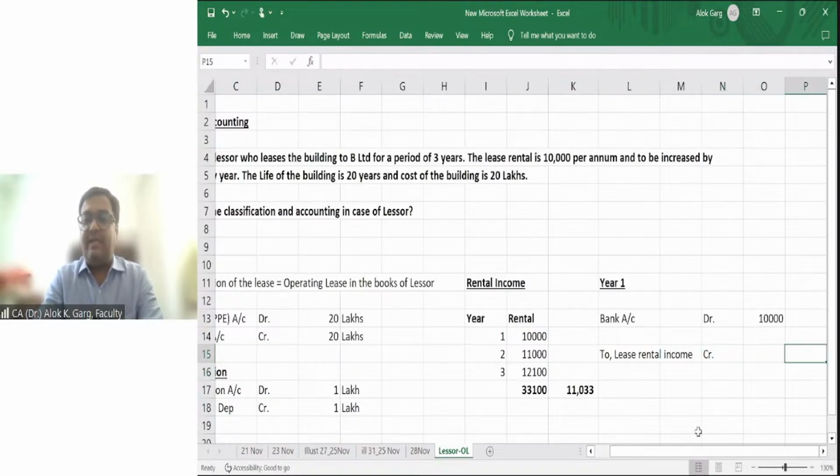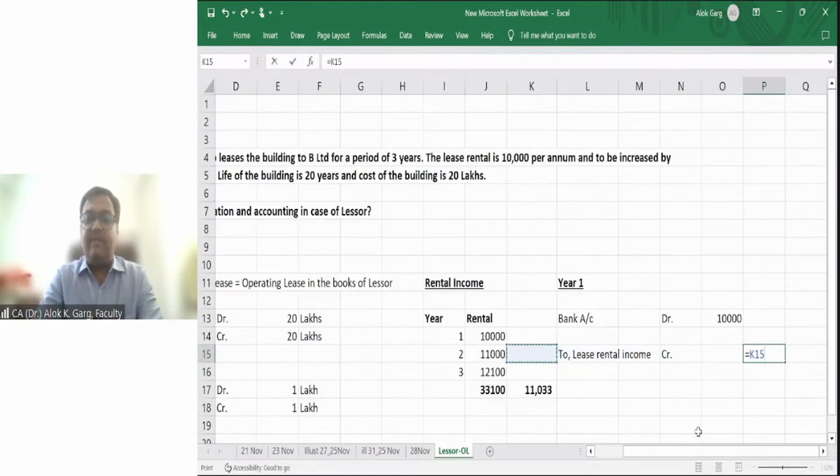The lease rental income will be credited by 11,033 rupees. But I have received only 10,000 as a lessor. So the remaining will be lease equalization asset debit. This will be 11,033 minus 10,000.